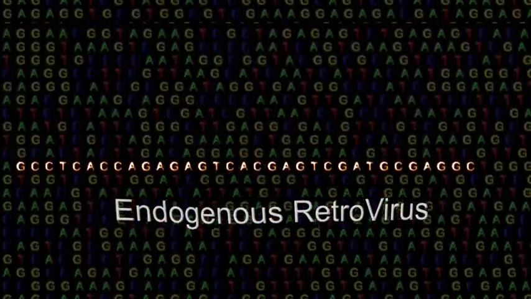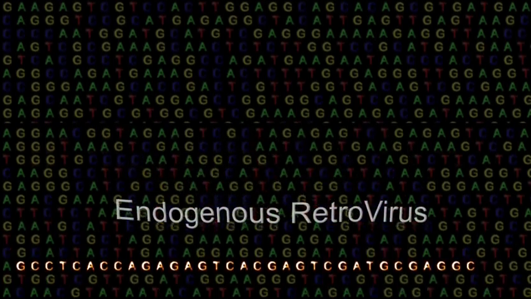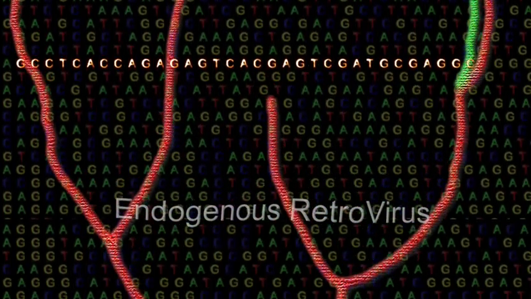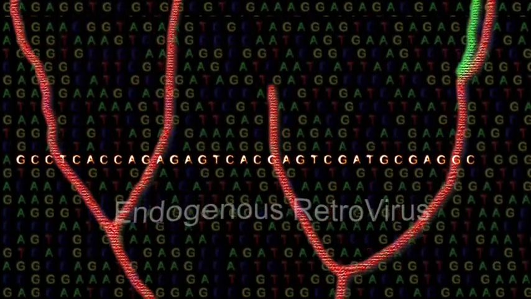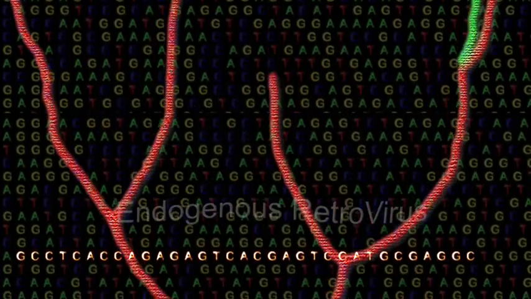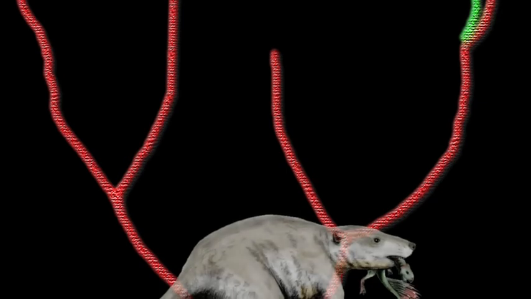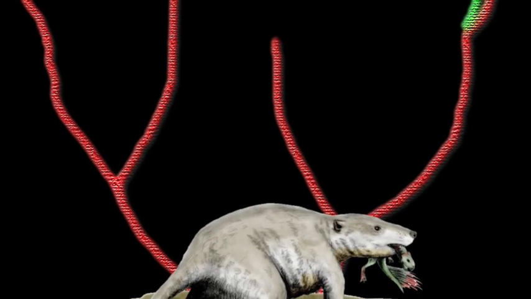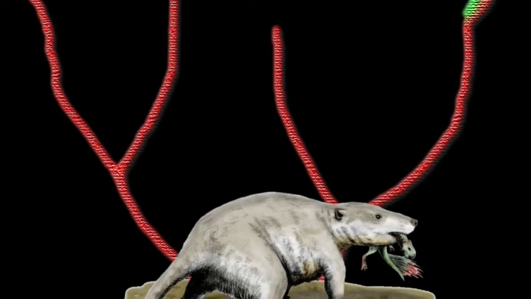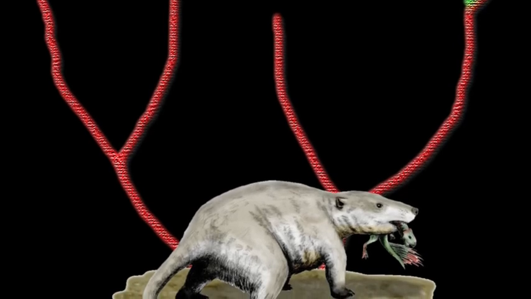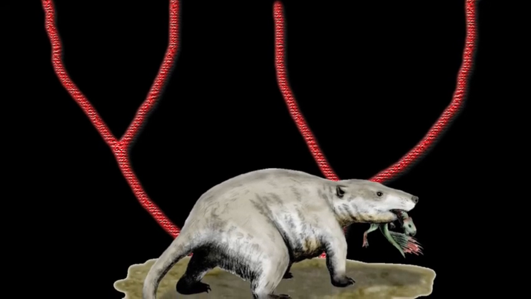Let's examine how endogenous retroviruses, or ERVs, would behave within a model of evolution by common descent. Suppose an ancient creature, let's call it Primus mammalius, is the common ancestor of all modern mammals and is infected by a retrovirus that becomes endogenous.